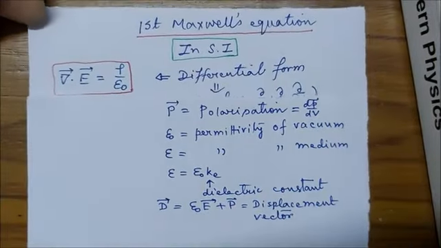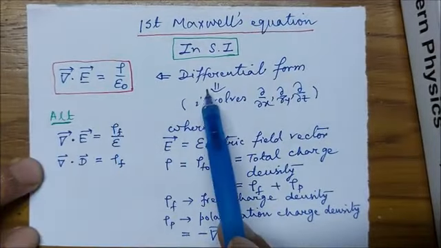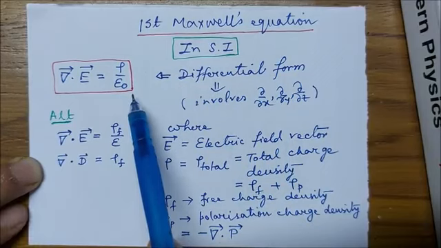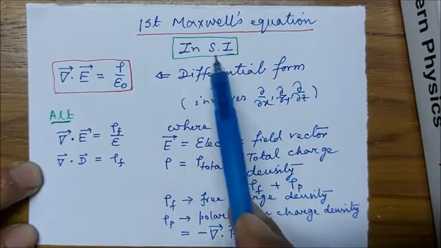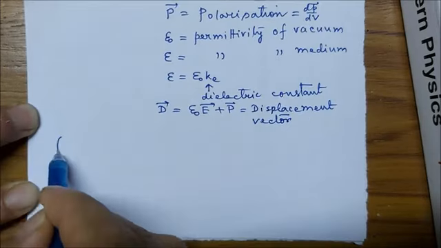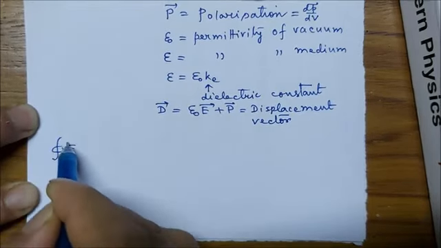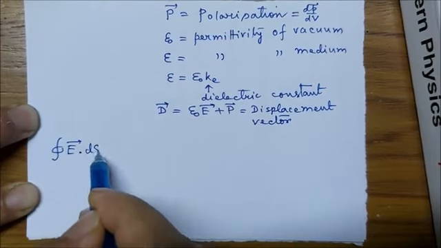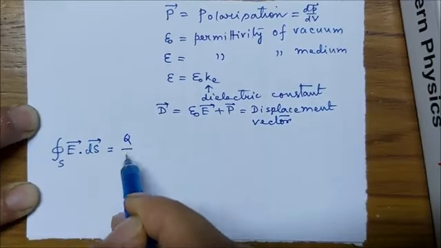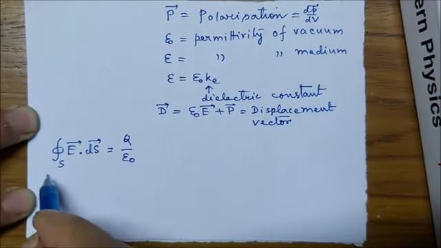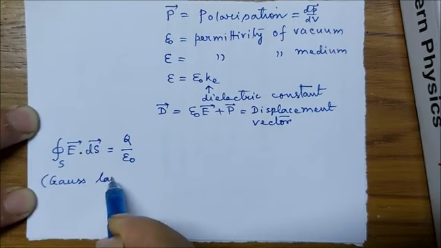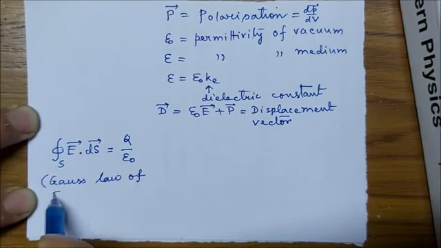Now what we have mentioned here is the differential form of first Maxwell's equation. In integral form, Maxwell's first equation has the following form. And this is also referred to as Gauss' law of electrostatics.